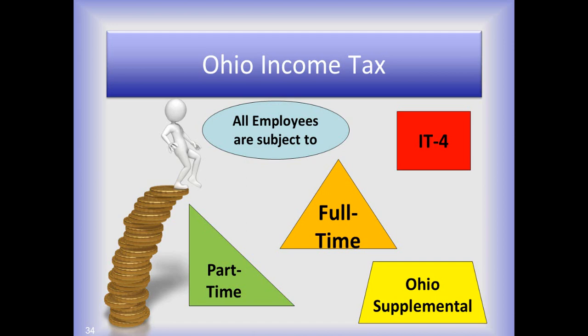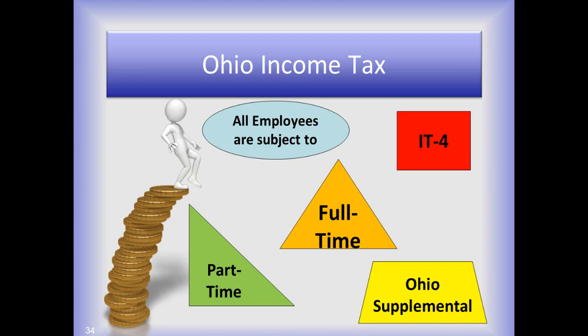Every employer required to withhold Ohio income tax is also required to maintain accurate records of all persons from whom the tax is collected for a period of 4 years from the tax due date.